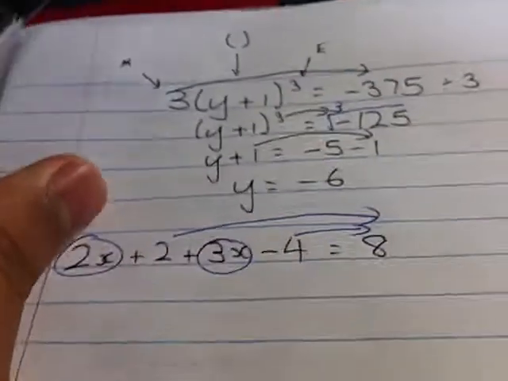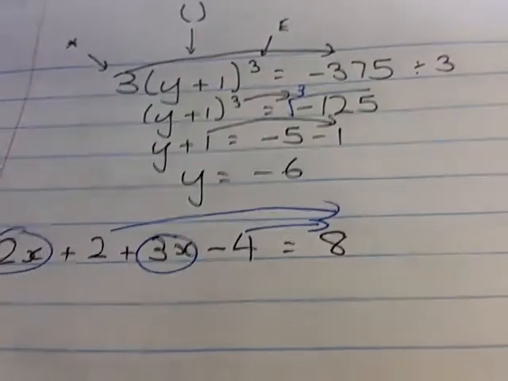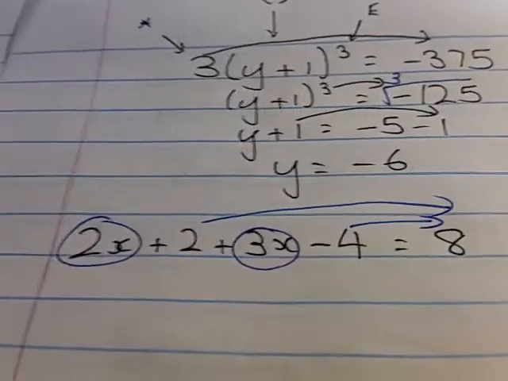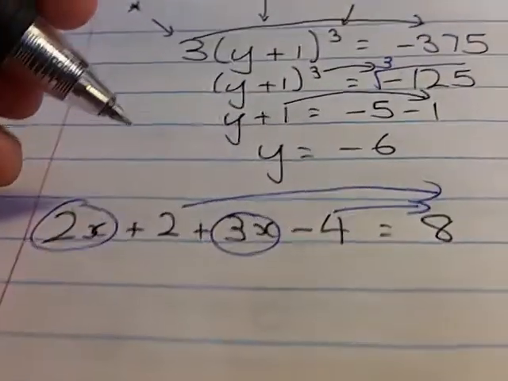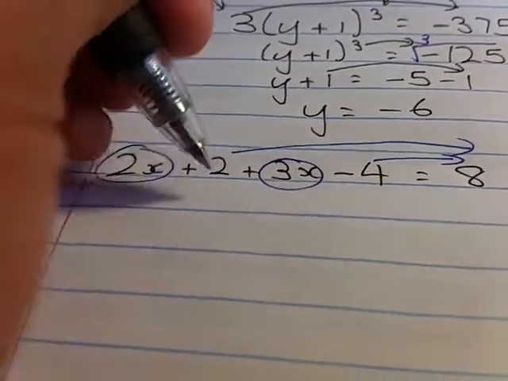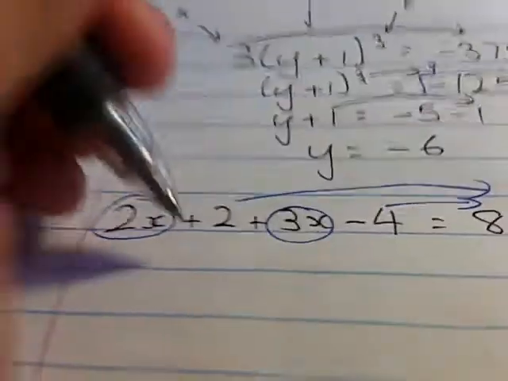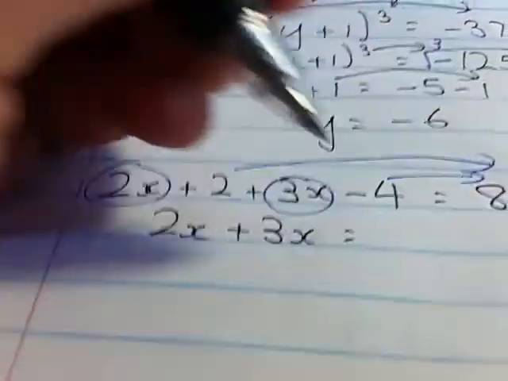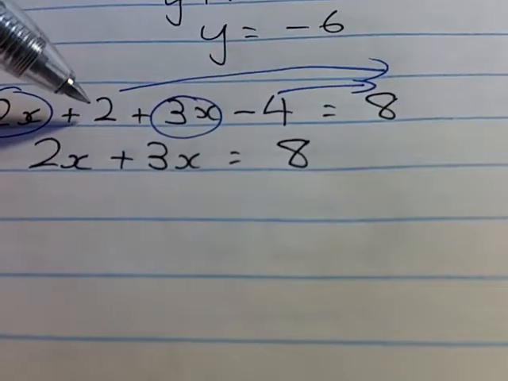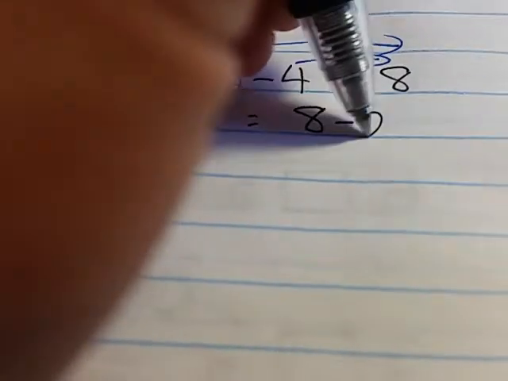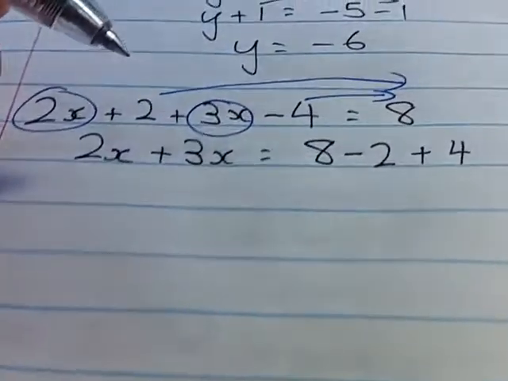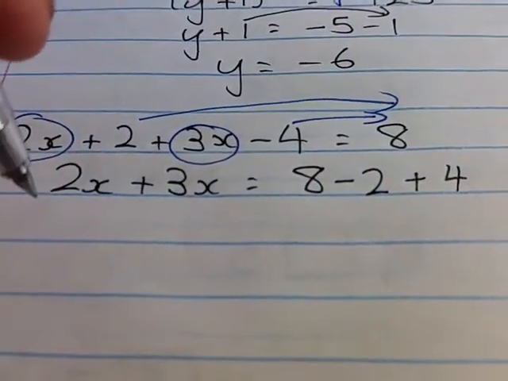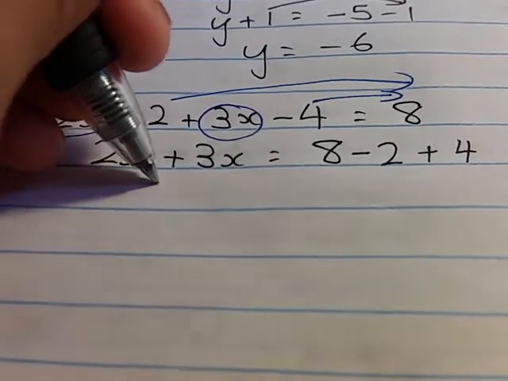Just like how you did for your one steps, you are doing the same thing here. So those two, that 2x and that 3x, I want you to keep on the left hand side. So it's going to be 2x plus 3x, and that's going to equal 8. That plus 2 over there is going to become minus 2, and that minus 4 is going to become a plus 4.